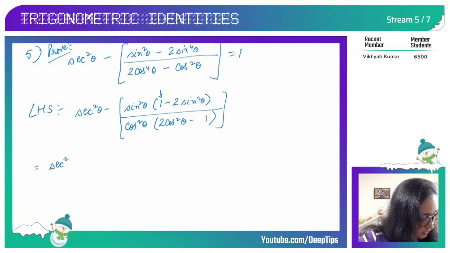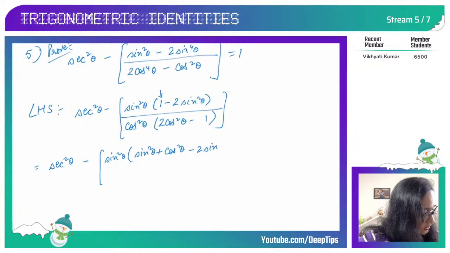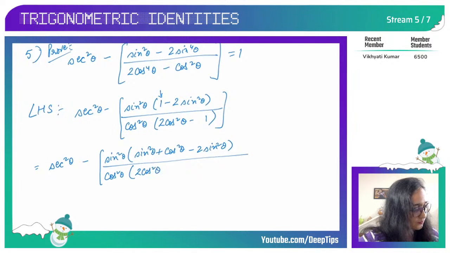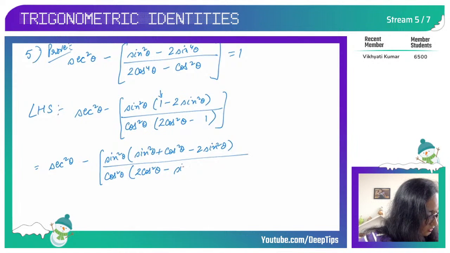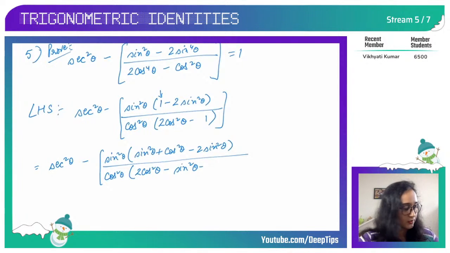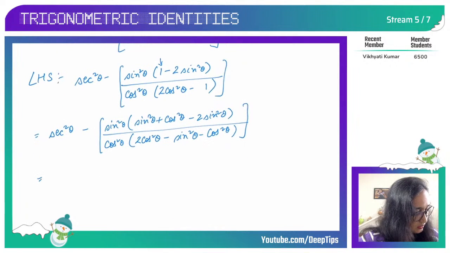So secant square theta as it is, and here I am writing sine square theta as it is, sine square theta plus cos square theta minus 2 sine square theta. And here I have cos square theta as it is, and 2 cos square theta minus 1. So my sine square theta and cos square theta will change their signs, because when I open the bracket, signs change. Now let's solve it further.